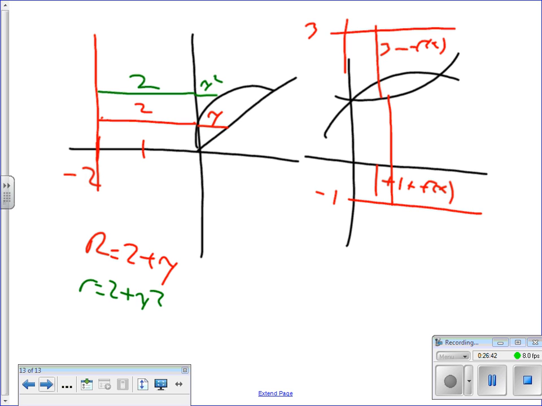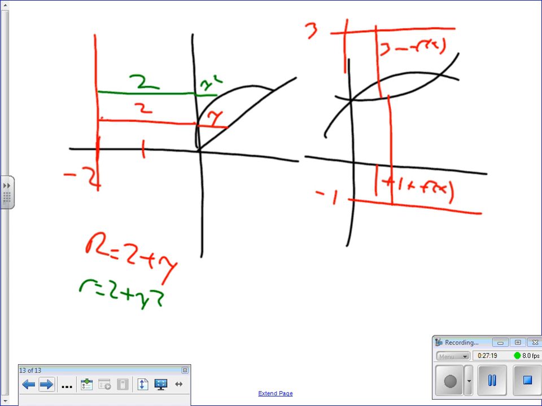Generally speaking, if your axis of rotation is on the opposite side of the x or y axis from what you're doing, you're going to add that distance. If it's on the same side but beyond it, you're going to subtract. Generally. Draw a picture.